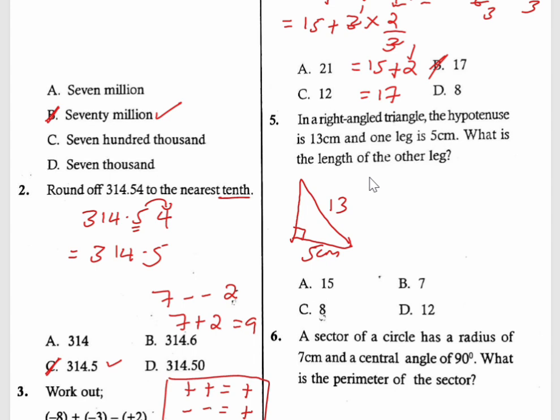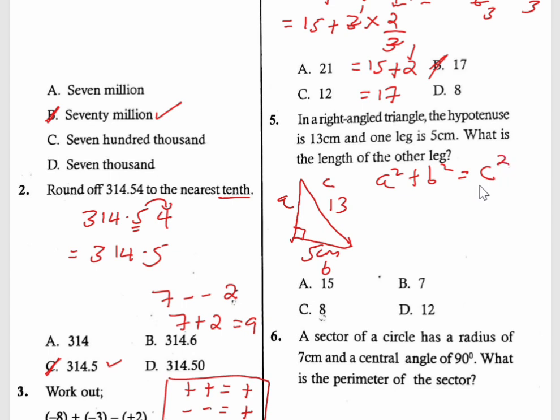So we know from the Pythagoras theorem that if you have a right-angled triangle, this is A, this is B, and then C is the hypotenuse, the one which is opposite to 90 degrees. The Pythagoras theorem says that A squared plus B squared is equal to C squared.